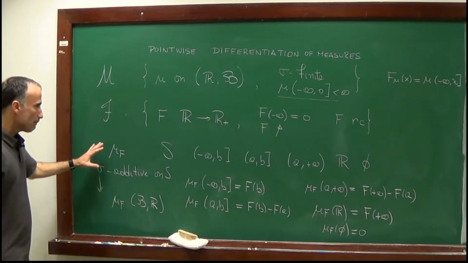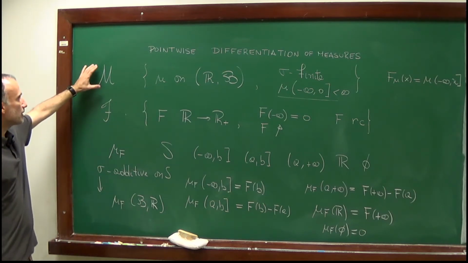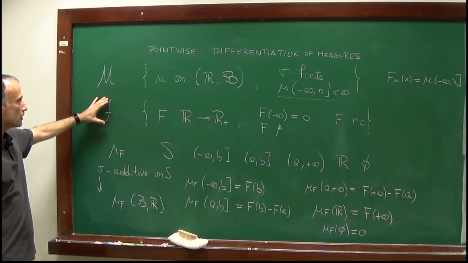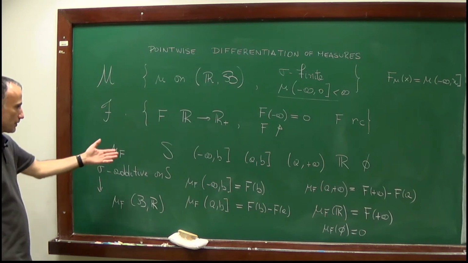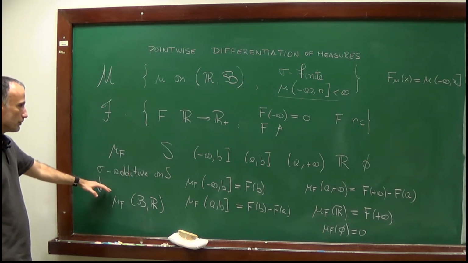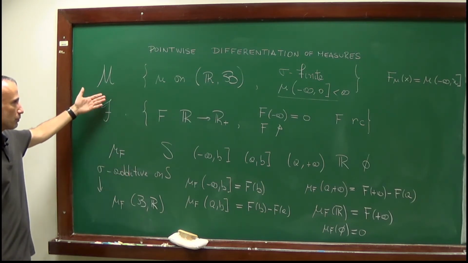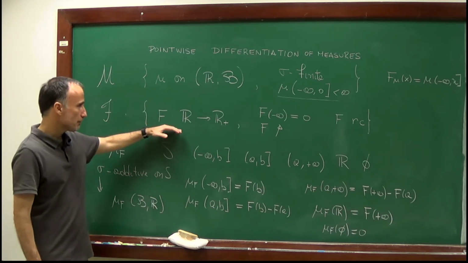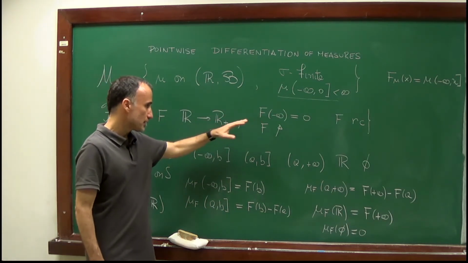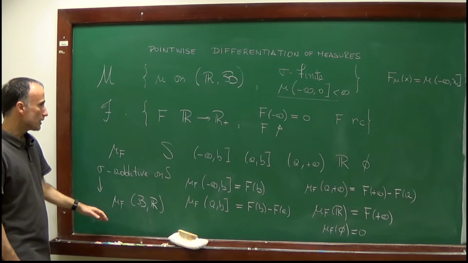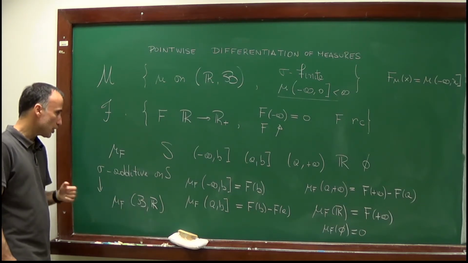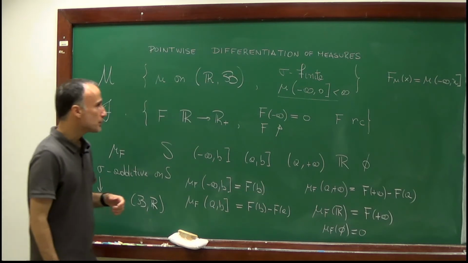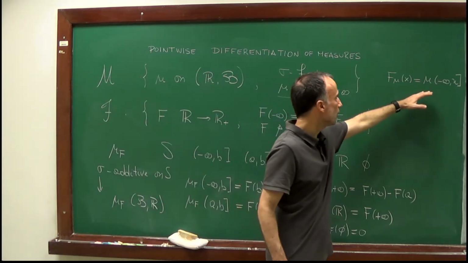So we've seen that, given a measure mu on M, we can define a function f in F, and now with these formulas and Carathéodory's theorem, we can go the other way. So given a function f with these three properties, by these formulas, we can construct a measure on the Borel sigma algebra of the line, for which this relation holds.